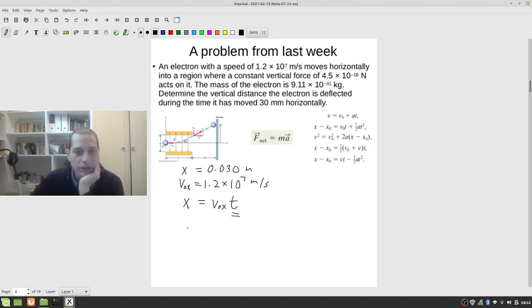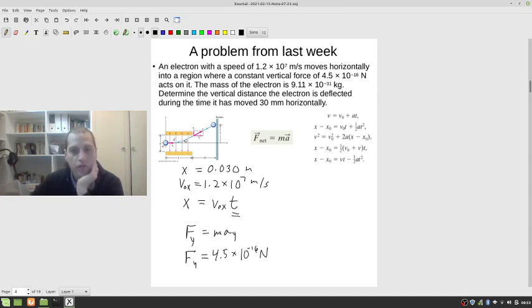Now, the other part is that you get to use F equals ma. This is a force in the y direction produces an acceleration in the y direction. So we've been given the force in the y direction, which is 4.5 times 10 to the minus 16th newtons.